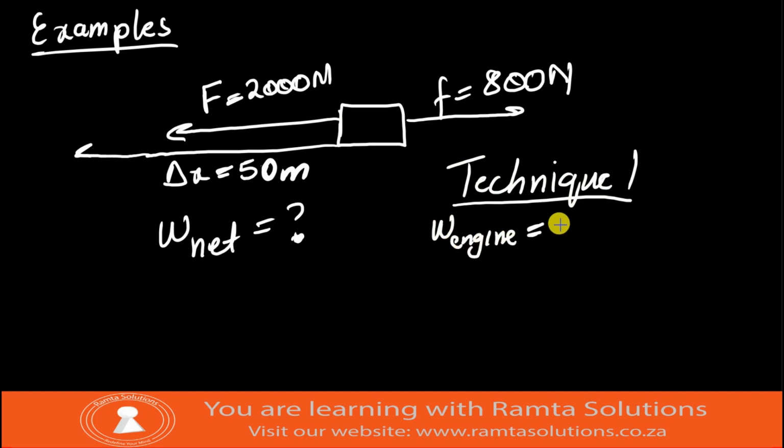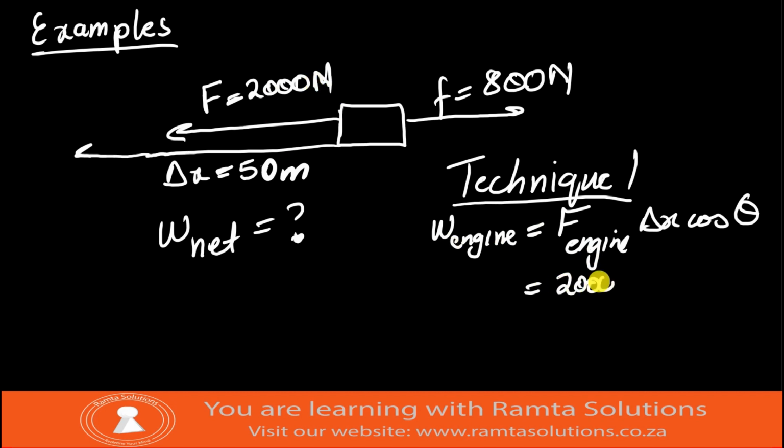It will be force applied by the engine, delta x cos theta. Now what is it? The force applied by the engine is 2000 newtons, multiplied by the displacement, 50 meters, times cos of the angle.